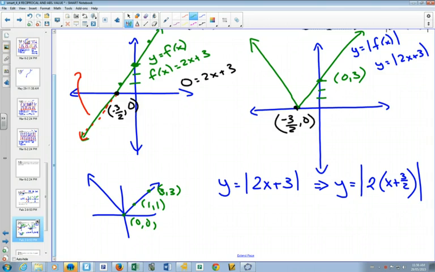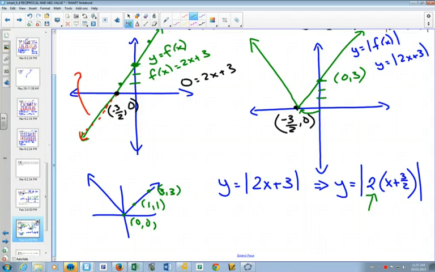What would I have to do with this value? I'd have to multiply my x values by a half. So then I would have 1 half comma 1, 3 halves comma 3. I would still have 0, 0. Then I'm going to have to move it 3 over 2 to the left. Can you see when I move it 3 over 2 to the left, that point matches up?